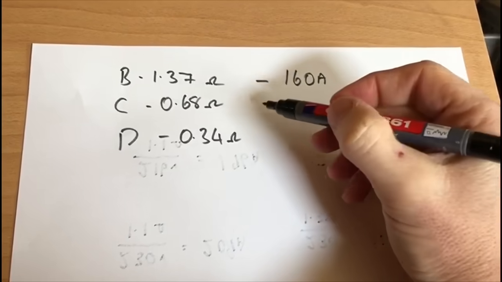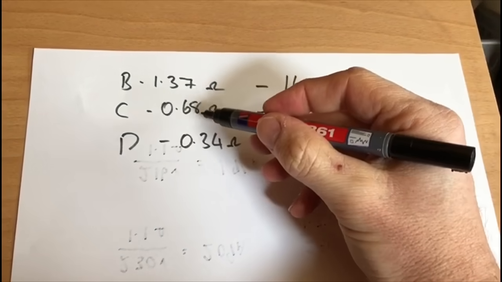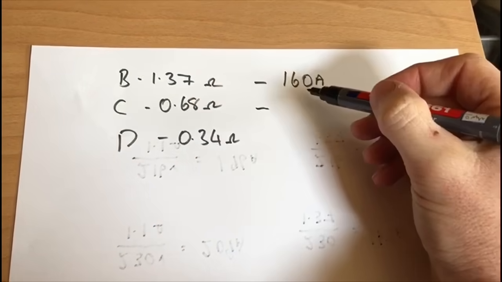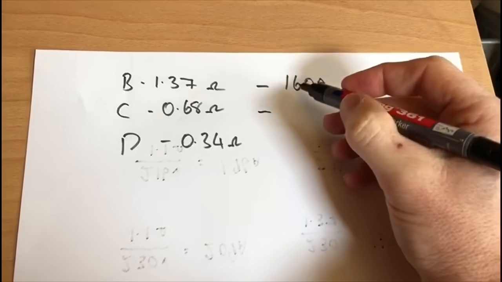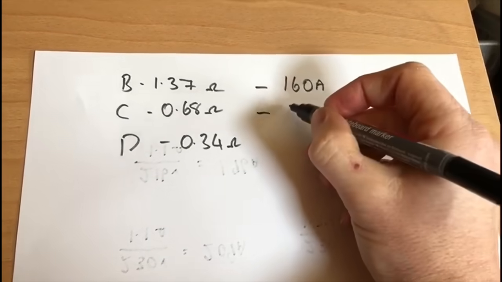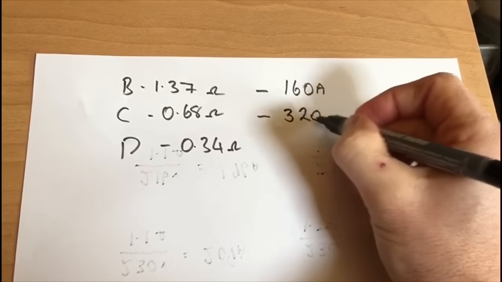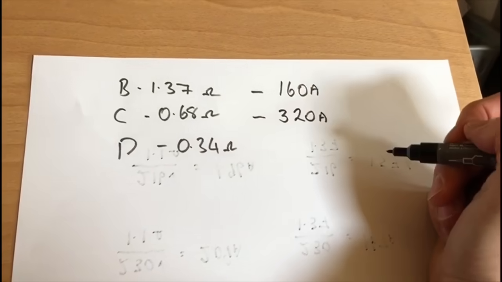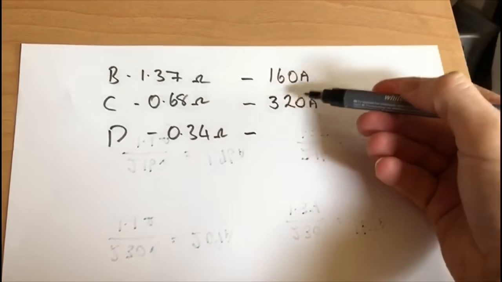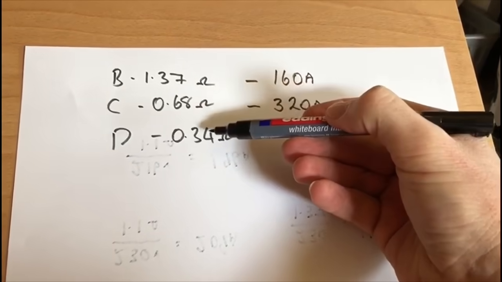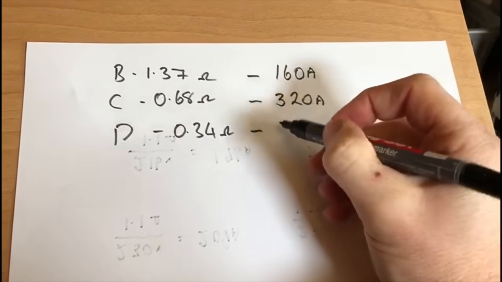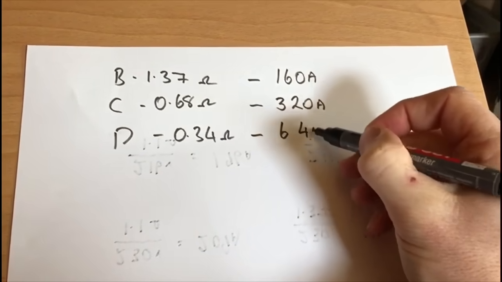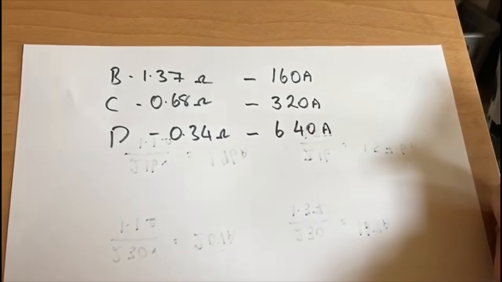Well, using Ohm's law, if we halve the resistance, everything's proportional, so then we must double the current. So then that becomes 320 amps. What do you think happens to this one? We've halved the resistance again, so therefore we've doubled the current on this one.